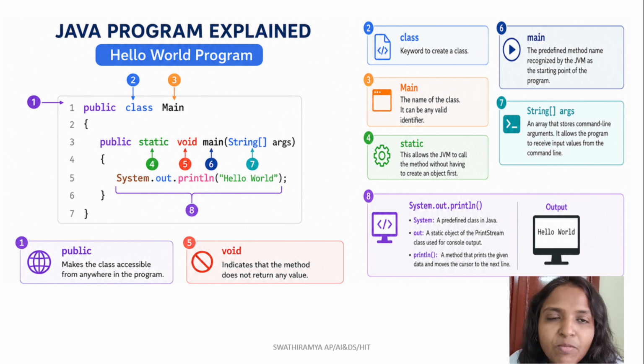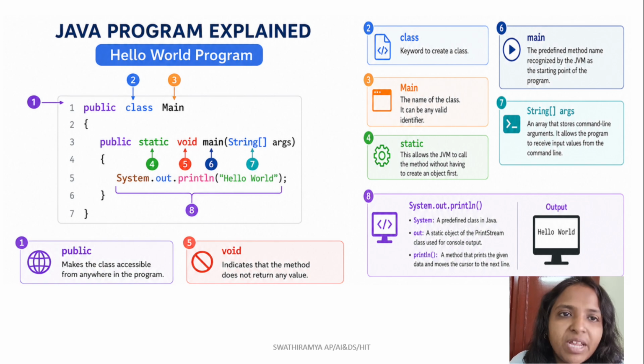That is why we have given the keyword static, and the return type is void, because it is not going to return anything. Then the purpose of giving the String data type and the parameter args: it is an array that stores the command line arguments. If your Java program takes command line arguments, you need a variable for them.